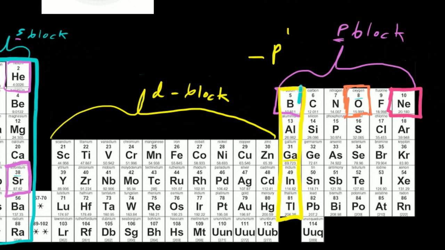How about this column right here? This column right next to it. Well, you can see that each of these elements is only going to have one more electron than the element directly to their left, right? So we could say that all of these elements, their last entry is going to be whatever period they're in, then P2, right?